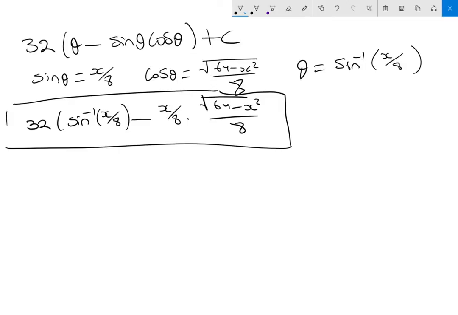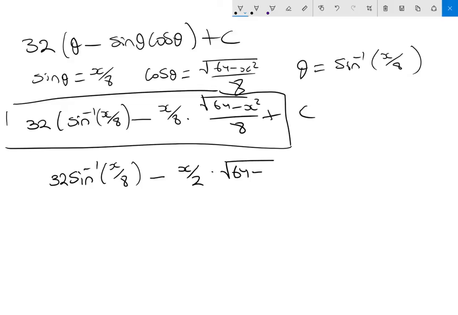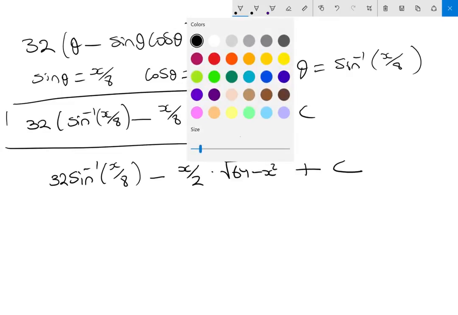And now we simplify this, so when we multiply it, it's just going to be 32 sine inverse x over 8, and I forgot the plus c, again another error, sorry guys, and this will just become 8 minus, so when we multiply this together, the denominator is going to be 64, and 32 over 64 will just be a half, so that will be just x over 2, times root 64 minus x squared, plus c, and there you go guys.